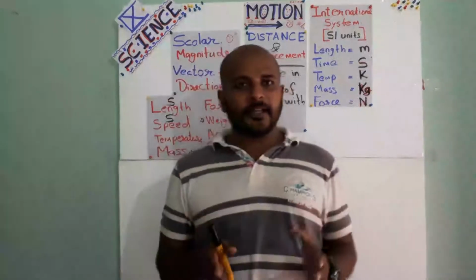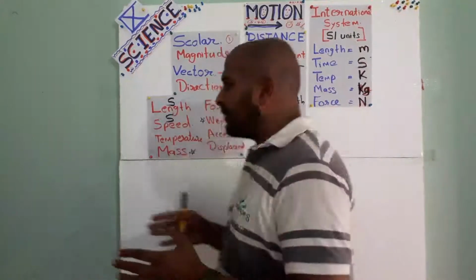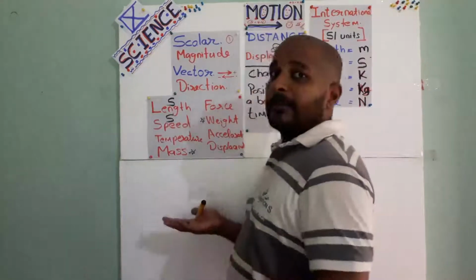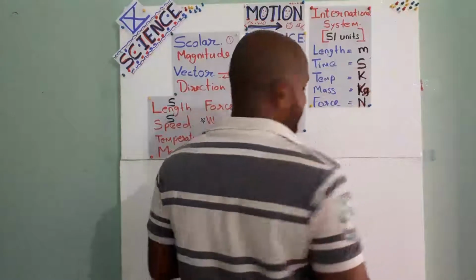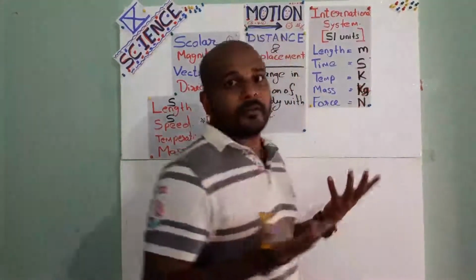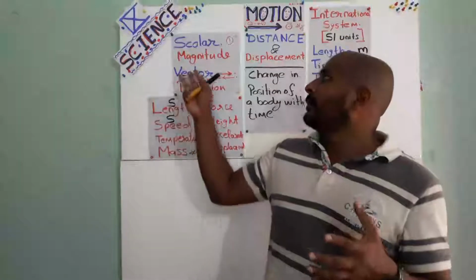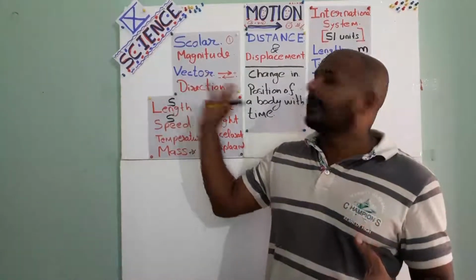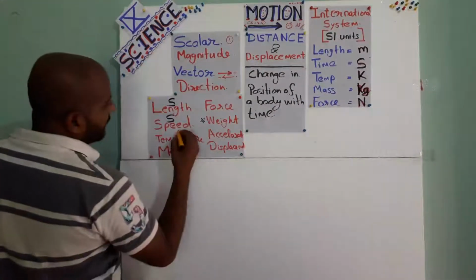I am standing in this direction, my body temperature is 37 degrees Celsius. I changed into this direction. Any change in my temperature? No. If I move here, any change? No. So temperature also has nothing to do with direction. It is also scalar.